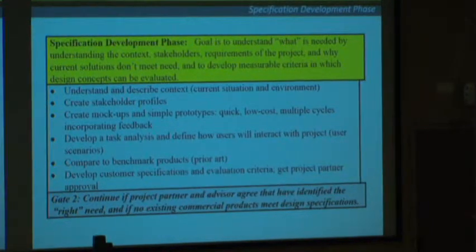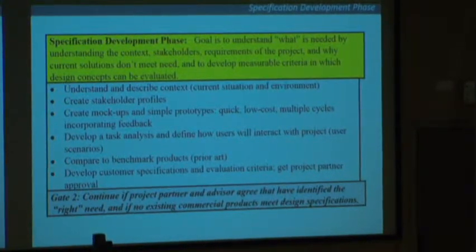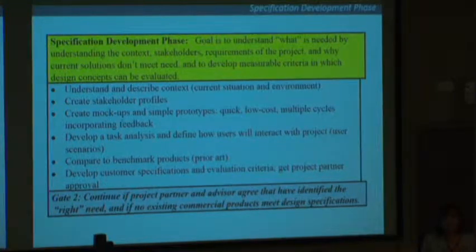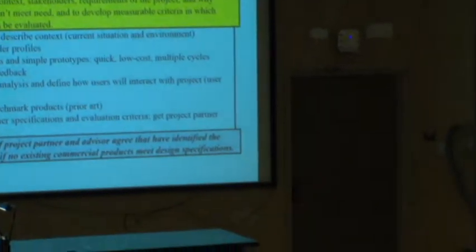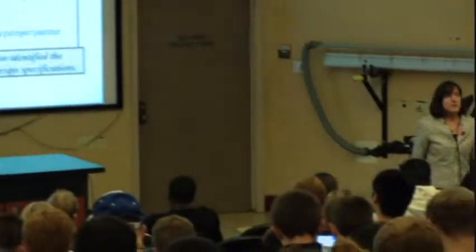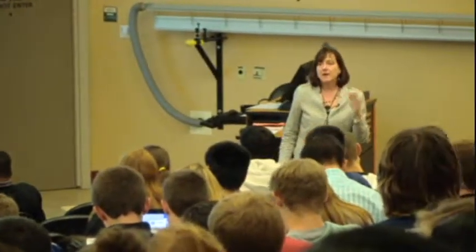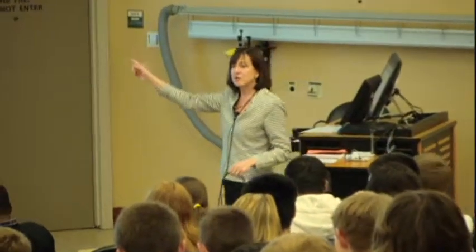So again, this really digs into understanding the what. And it's easy, sometimes with the specifications, to actually define how to do it. And there may be a couple of situations where that's necessary. But really, at this point, you're just still trying to understand what is needed.